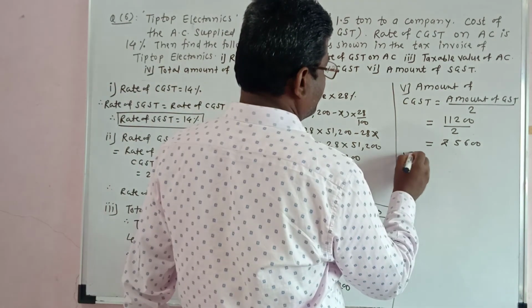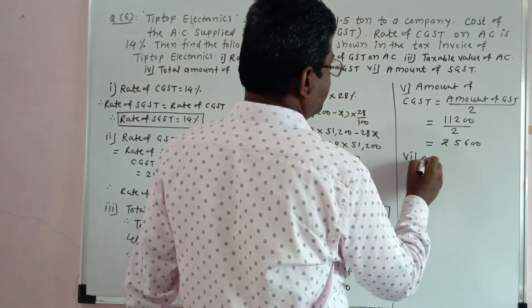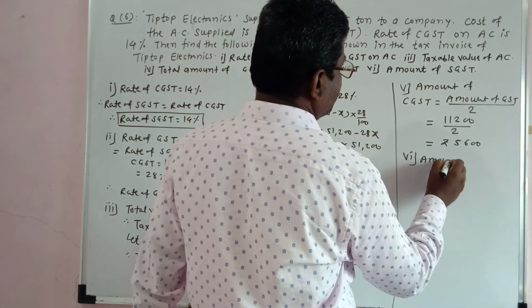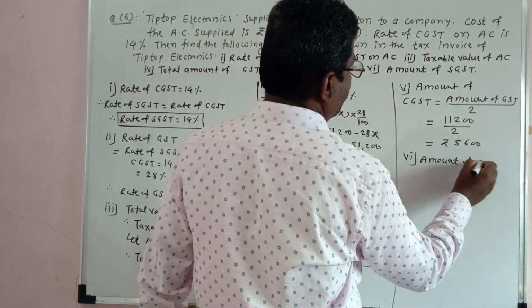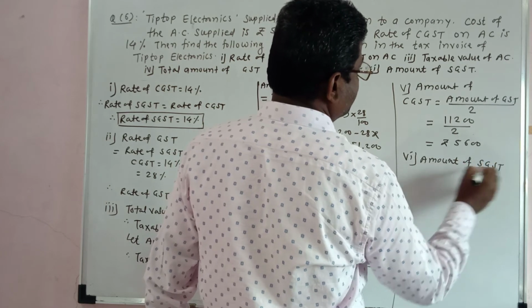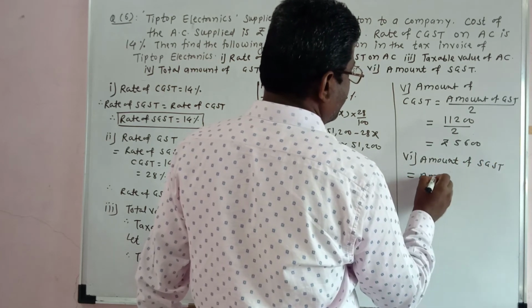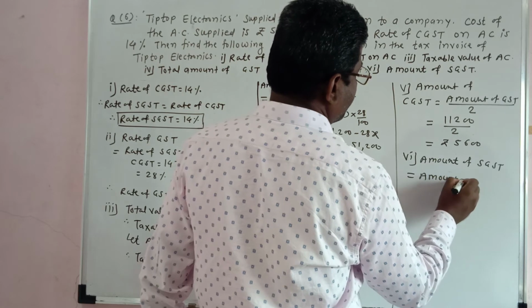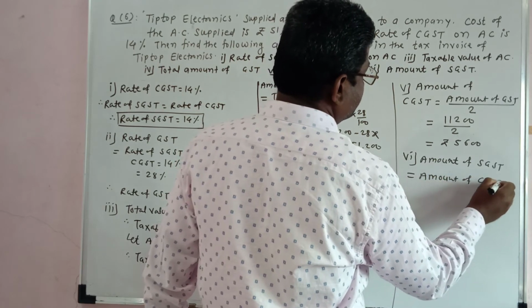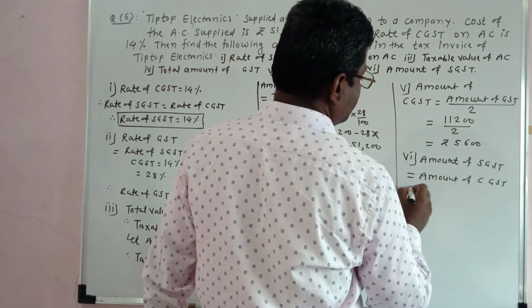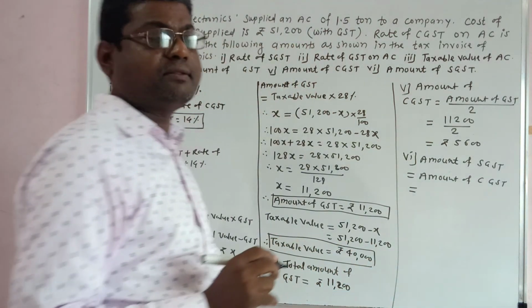And number 6, we have to find the amount of SGST. The amount of SGST is equal to the amount of CGST. The amount of SGST and the amount of CGST are the same.